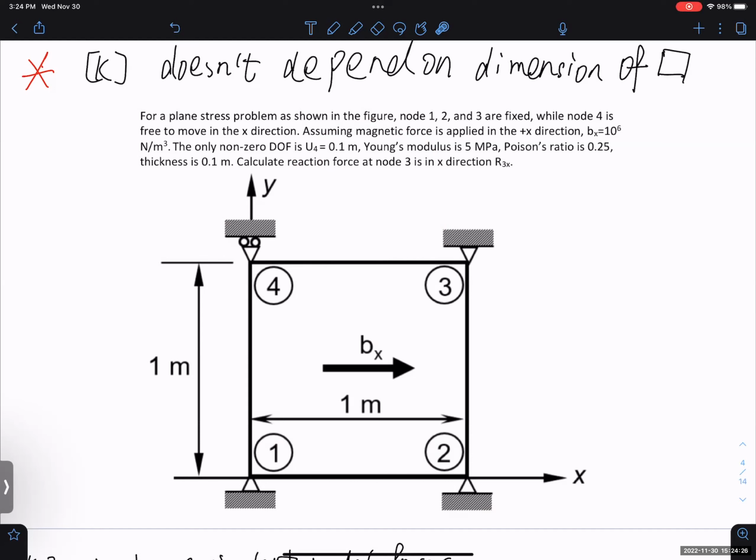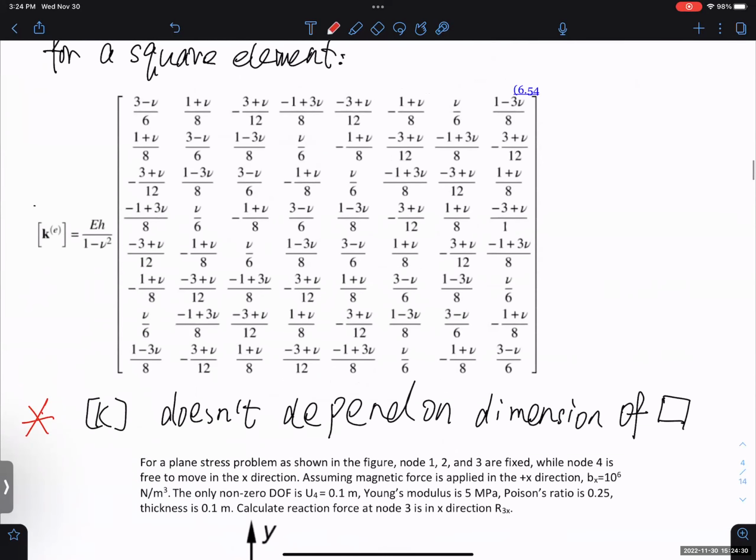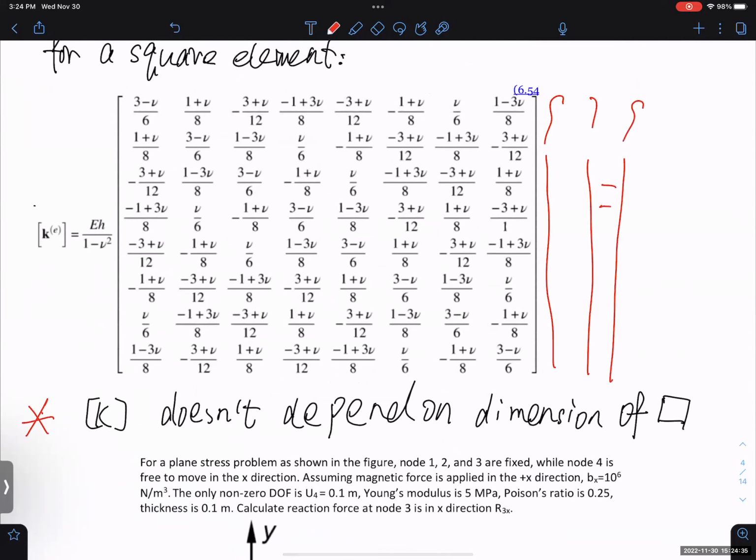So it's the equivalent body force plus the reaction force. Let's say R1X, R1Y, and R4Y.